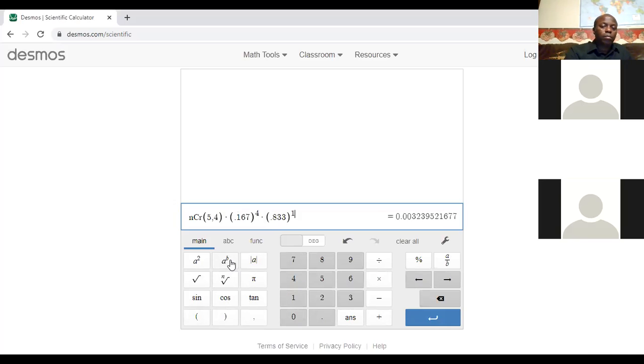Raised to the power 1. That gives 0.0032, so 0.003. It's good enough.